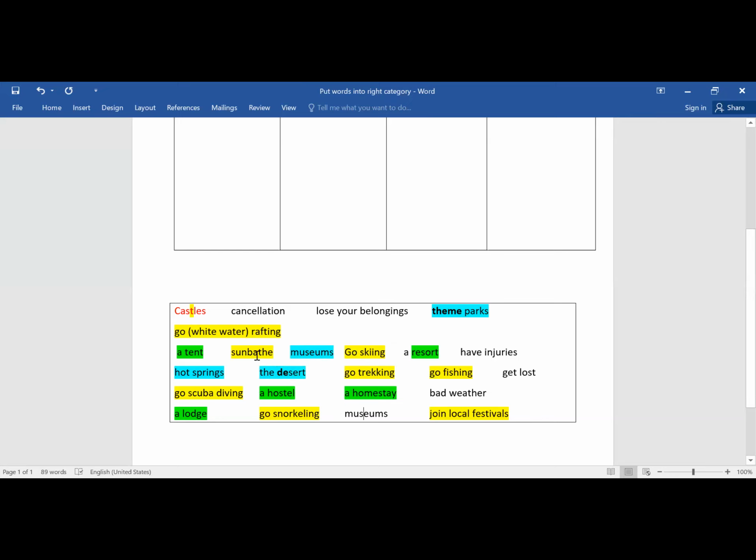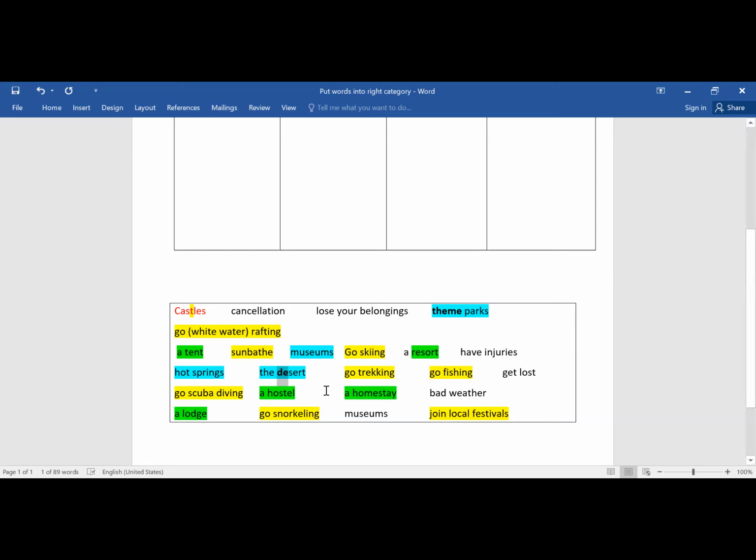This is the sound, not the e sound. Desert. Yes, desert. Dessert is a different thing. Dessert is a sweet thing that you eat after you finish your main dishes. So that's dessert, the sweet thing that you eat after you finish your chicken or your meat.